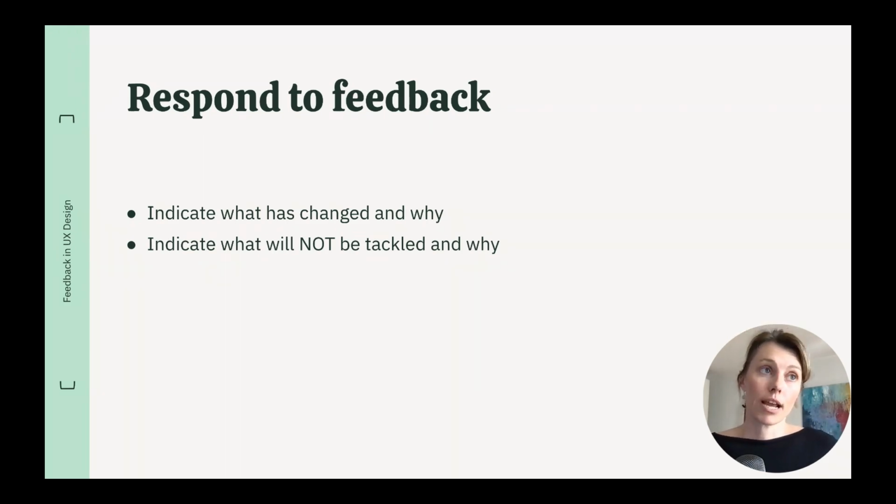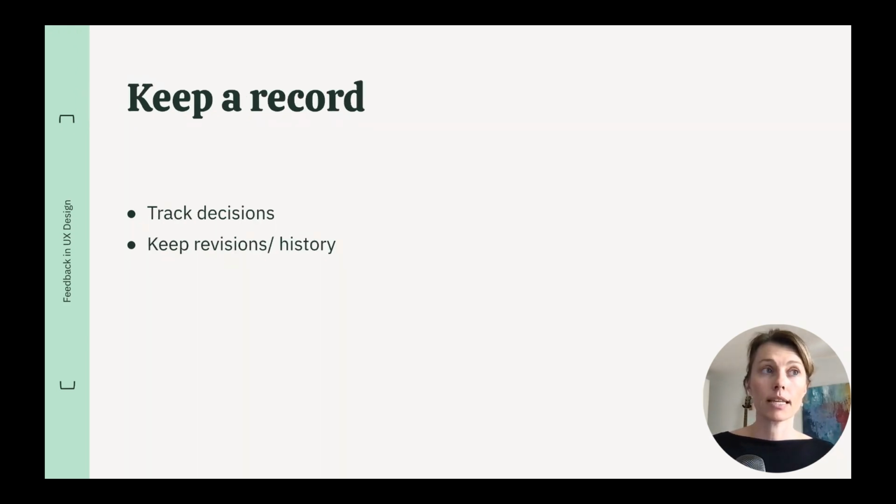And then keeping track of feedback. So I find this really depends on the team and the complexity and maybe also sensitivity of the overall design and decision-making process. In the majority of the projects, I don't keep an extra record.